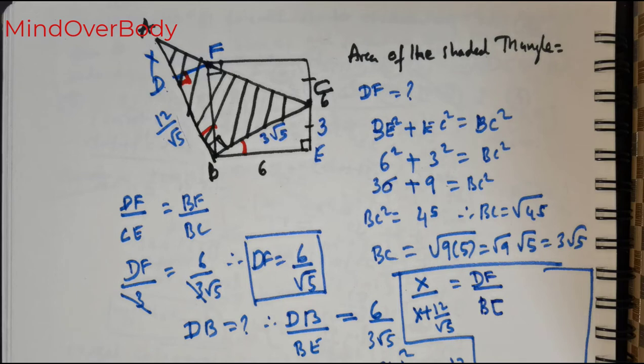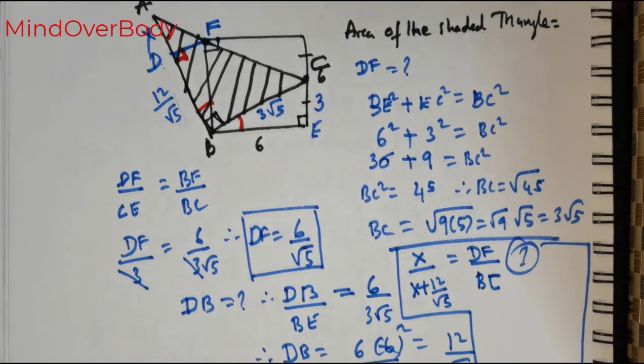So all that is required is to solve this. How are we going to solve it? It's a simple thing, because we already know all of this. We know DF, we know BC.